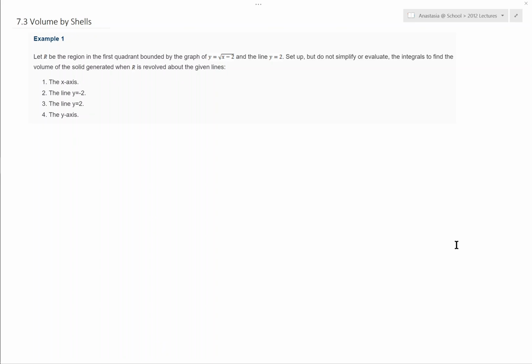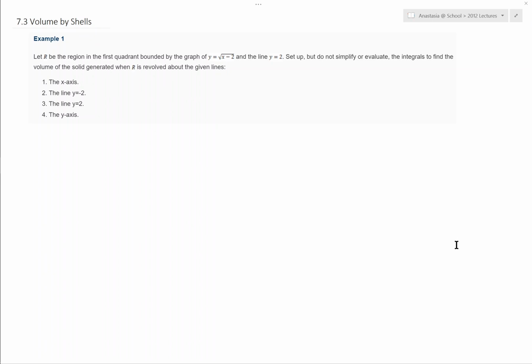Hello, in this video we are talking about section 7.3, which is on volume by shells. So we are still finding volumes of solids of revolution like what we did in the previous section, but now we're orienting our way of thinking in a different direction than what we did with the disk and washer method.